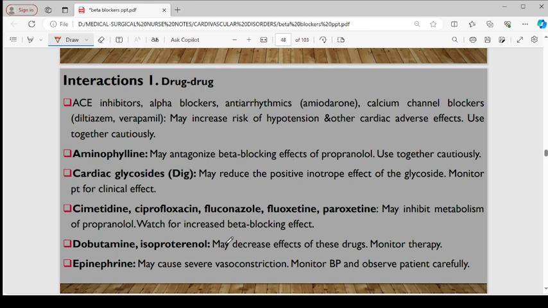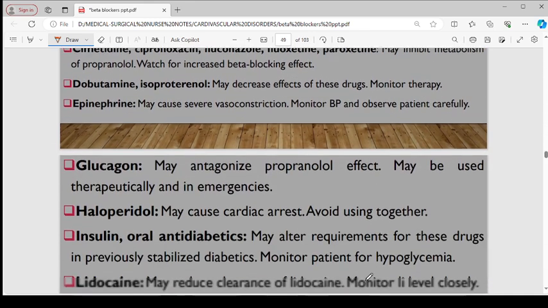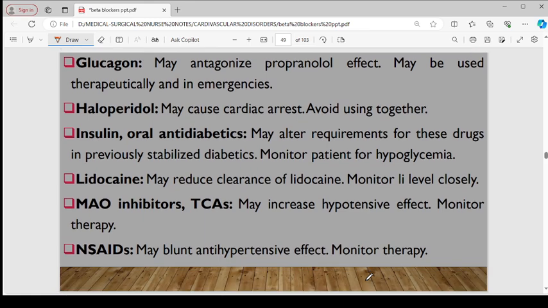Epinephrine may cause severe vasoconstriction, so you have to monitor the BP and observe the patient carefully. Glucagon may antagonize the effects of propranolol. Okay, so they may be used therapeutically in emergencies. For the haloperidol, it may cause cardiac arrest, so you have to try and avoid use together.